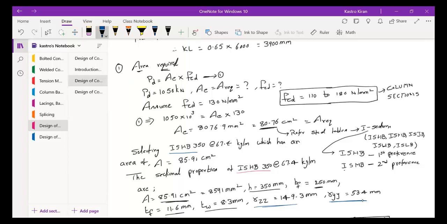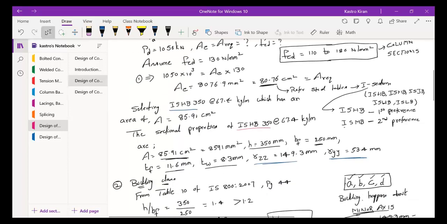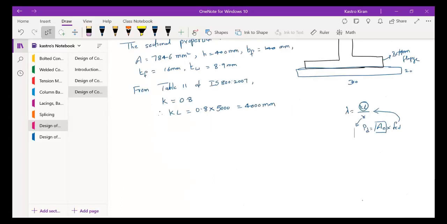We found out the buckling class, and then based on the buckling class, the buckling along the minor axis, and then we took the r minimum value. But here you cannot directly take the minimum of rzz and ryy. So r is not equal to the minimum of these two.